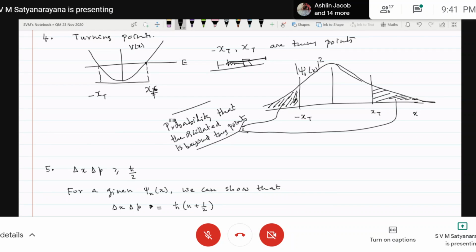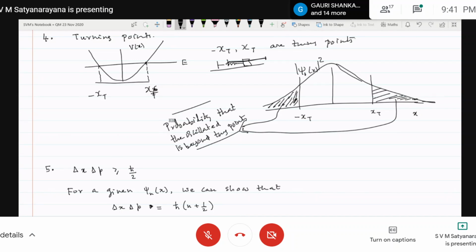That means for n equal to 0, if you take the ground state, the uncertainty is equal to h cross by 2. That means that is the lower limit, the minimum. Okay, but the wave function is Gaussian. The uncertainty is minimum for the ground state.